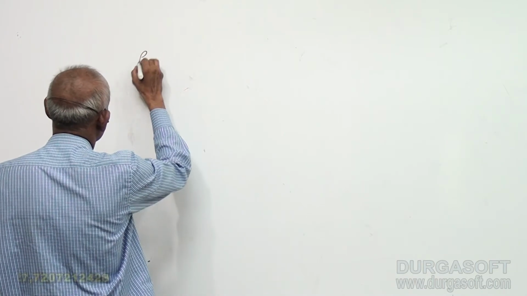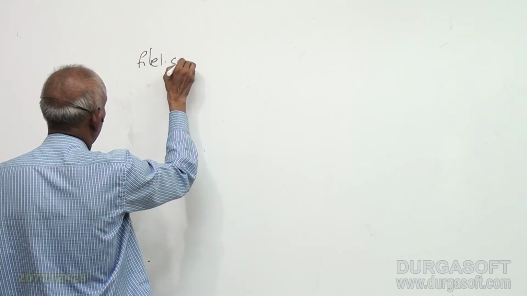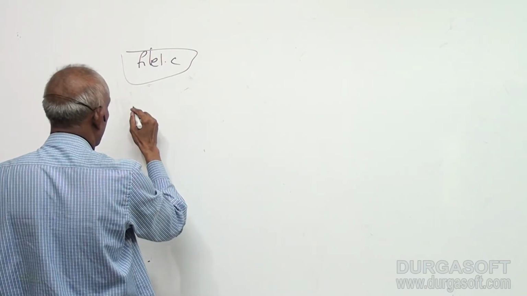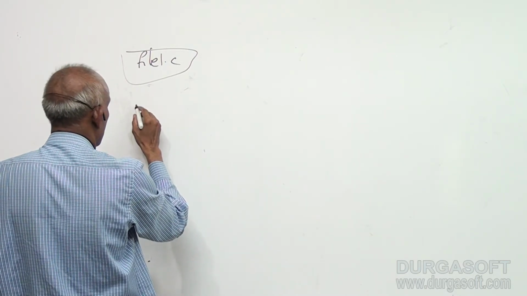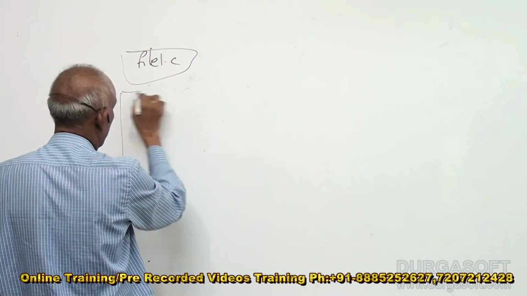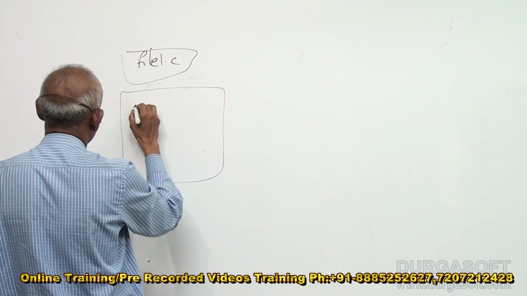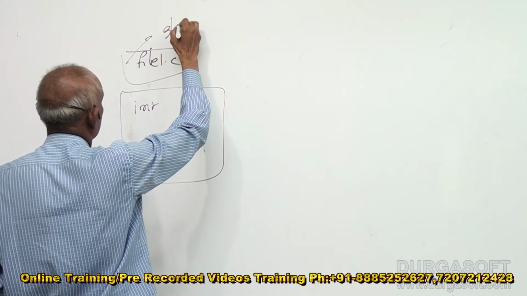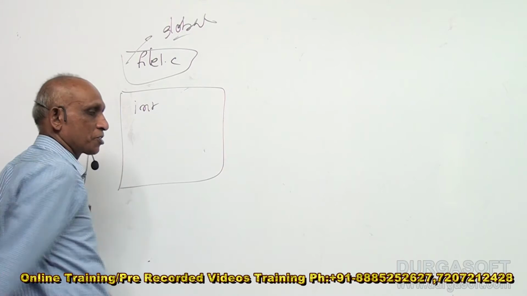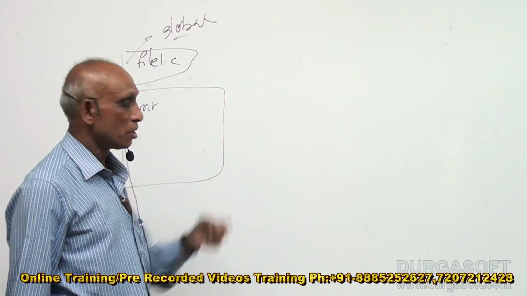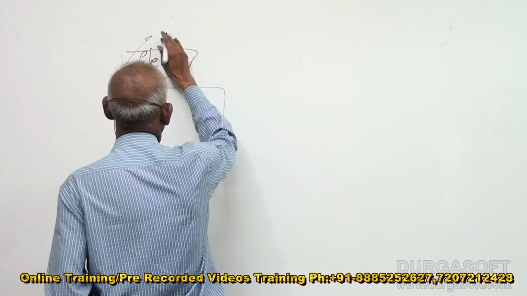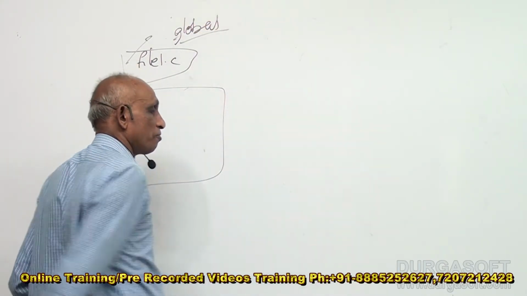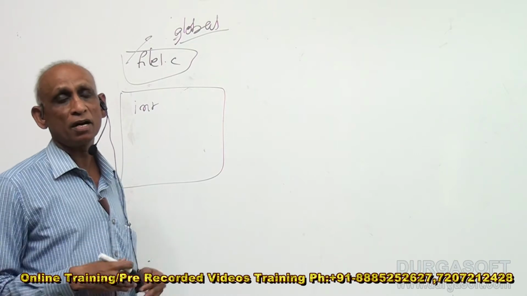Now I have a file, suppose file1.c. In this file, these are global variables. All these external variables are global variables. Global variables means they are not defined inside any function, they are outside any function.